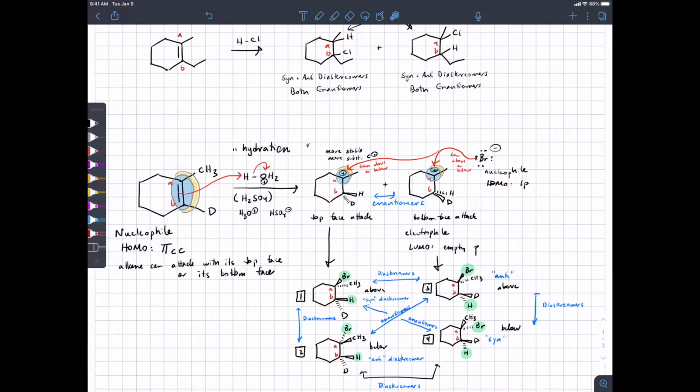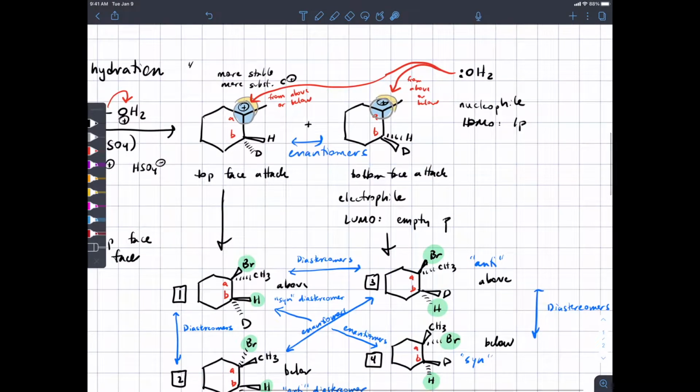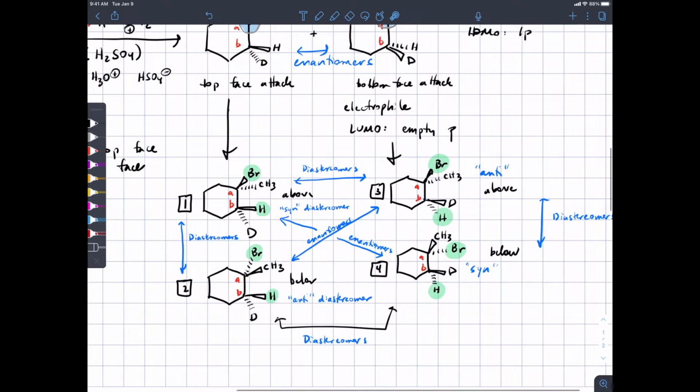You get a carbocationic intermediate, and here instead of bromide being the nucleophile, water is going to be the nucleophile. The HOMO is still lone pairs on water, and then that attacks from above or below the carbocation, and then you get, everywhere there's a Br here, we can erase the Br and put OH2+.